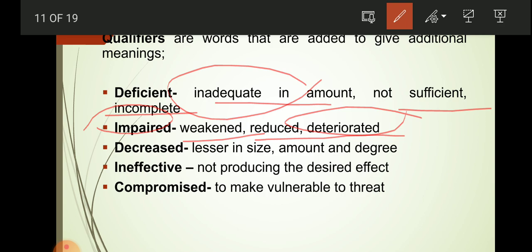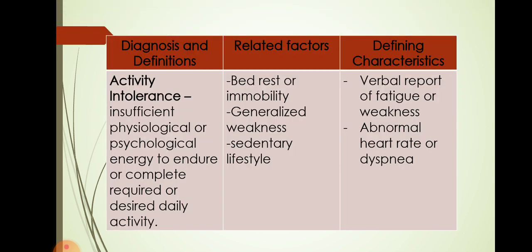The third one is decreased, meaning lesser in size, amount, and degree. Ineffective is not producing the desired effect, or compromised, made vulnerable to threat. So here are some of the qualifiers used to give additional or complementary meaning to the nursing diagnosis. Here is an example, okay?